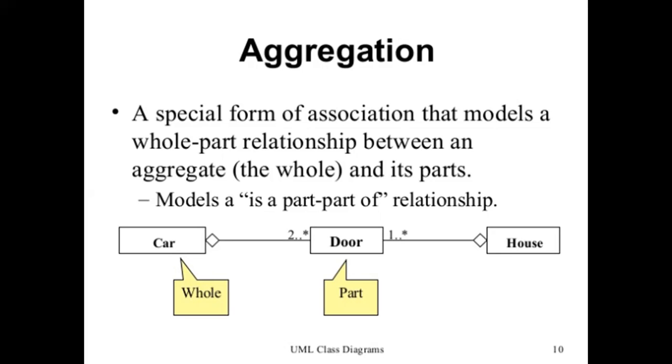Suppose aggregation is the part-of relationship, for example a car. Next one is door, that is, the car door is part of the car. Suppose a house is associated with a door, here the door is part of the house, that is aggregation.